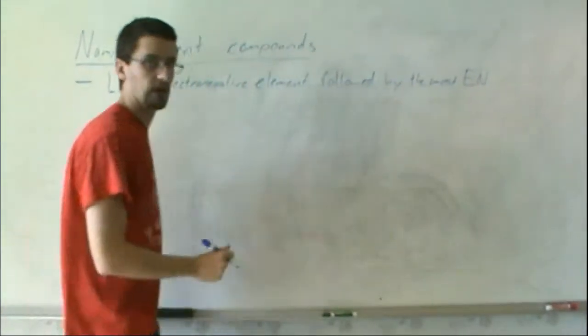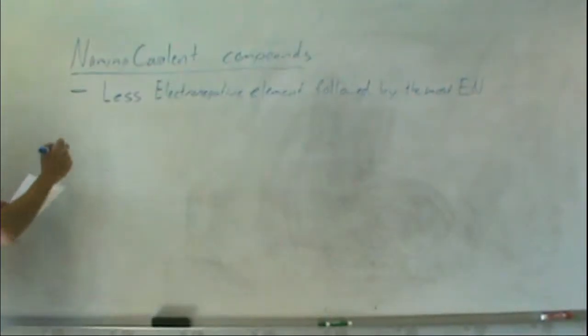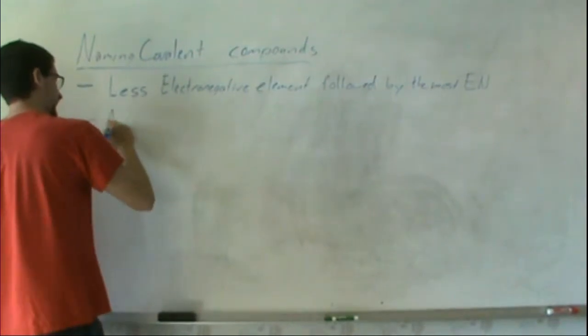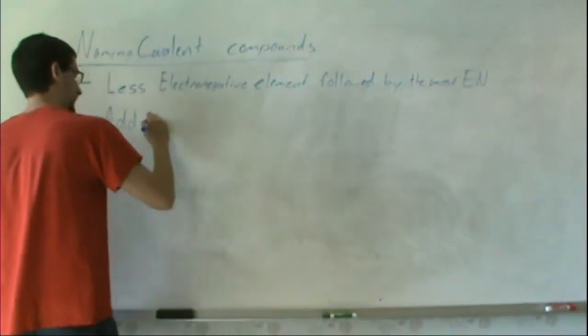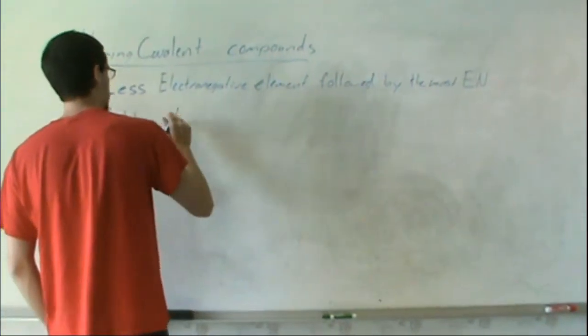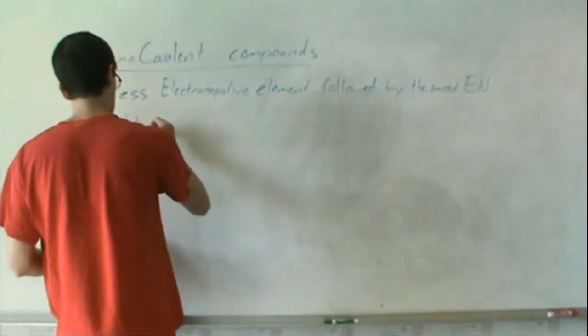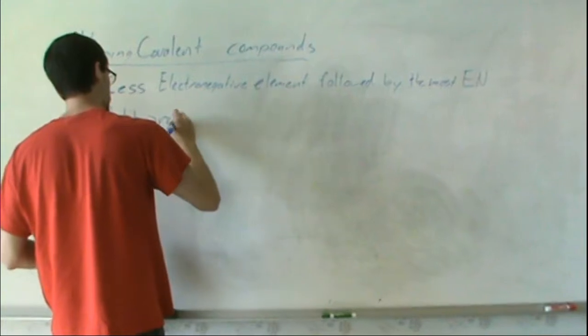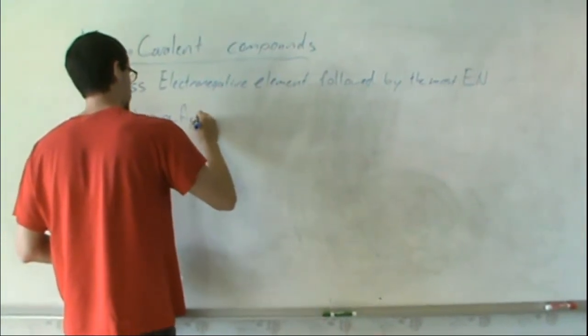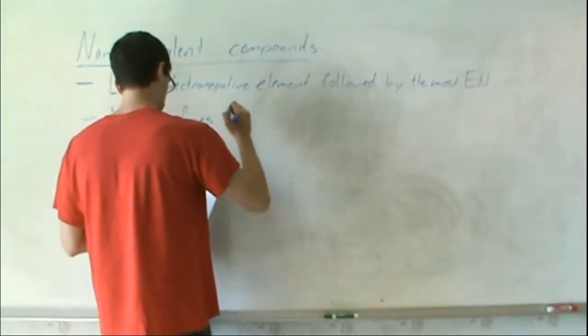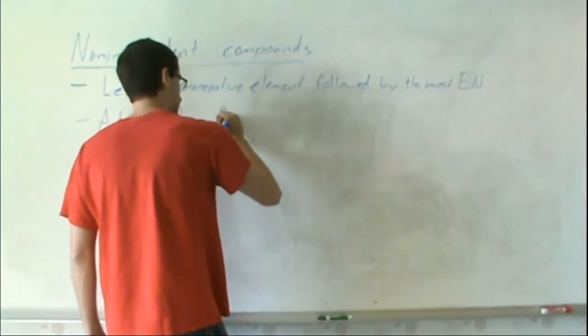En is just short for electronegative. We have to add prefixes for the number of atoms.